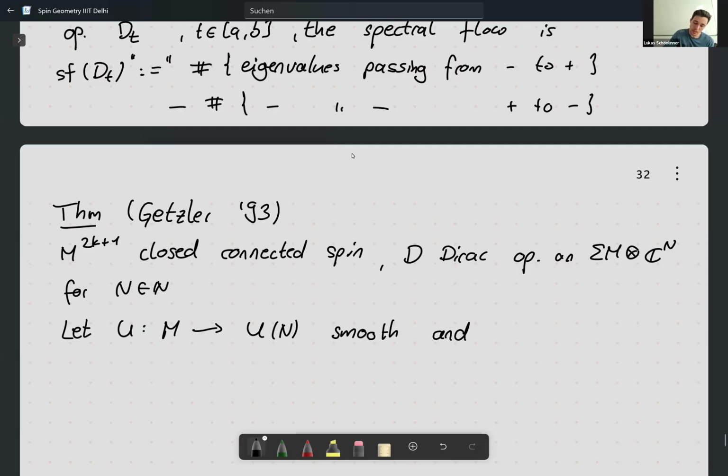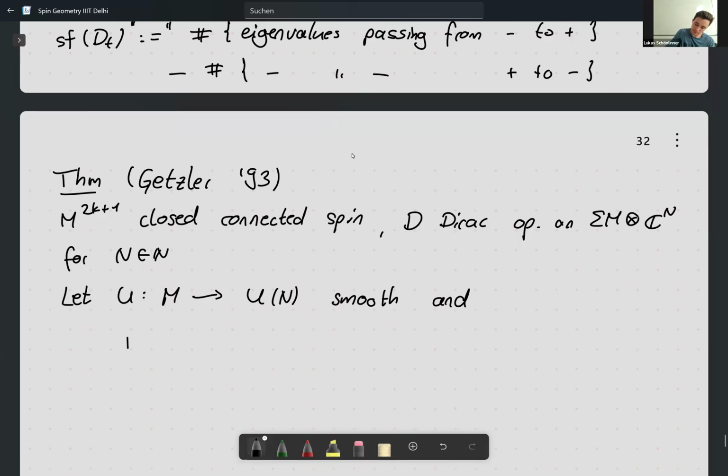And we consider the family of Dirac operators of the form of a convex combination, (1-t)D + t U^{-1} D U.